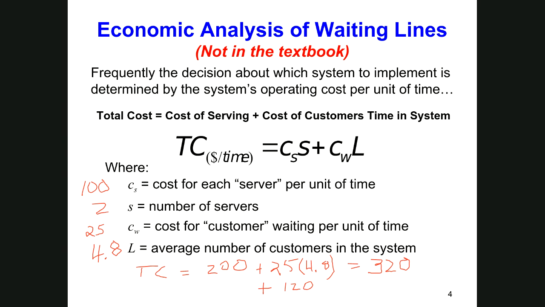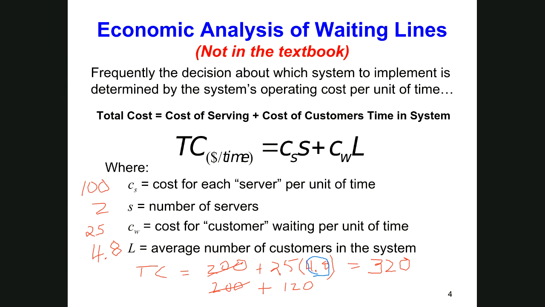And then if we wanted 3 doctors, the doctor cost would go from 200 to 300, but this value of L would decrease, and just hypothetically, it decreases to about 1.95 or 2.